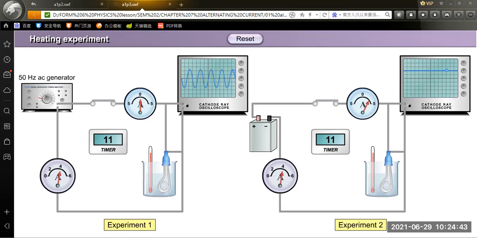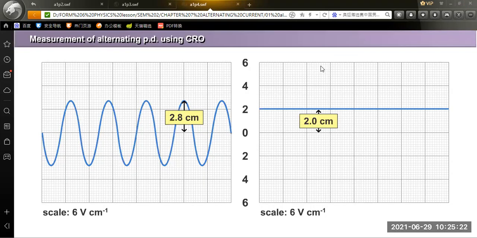Okay, let's look at the next diagram. Now look at the diagram.